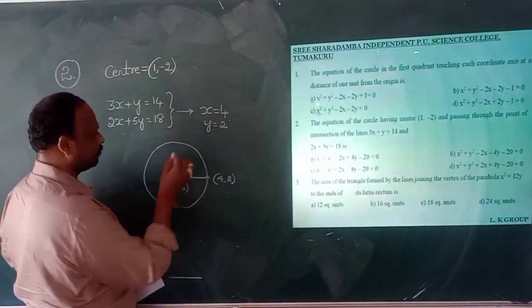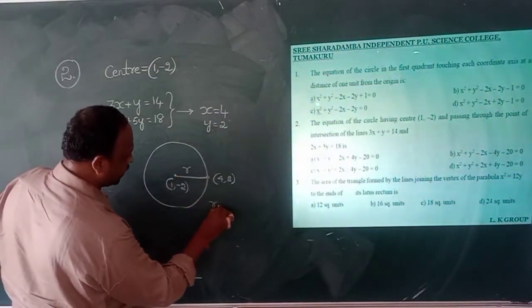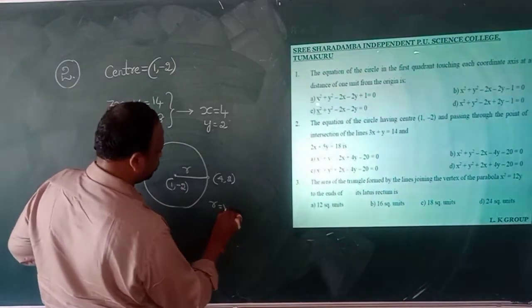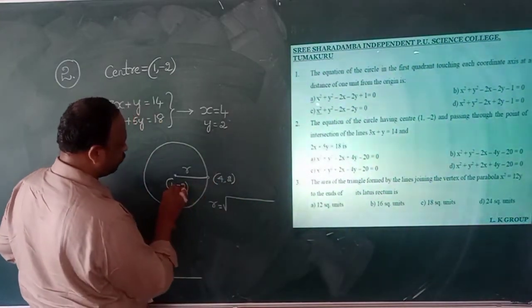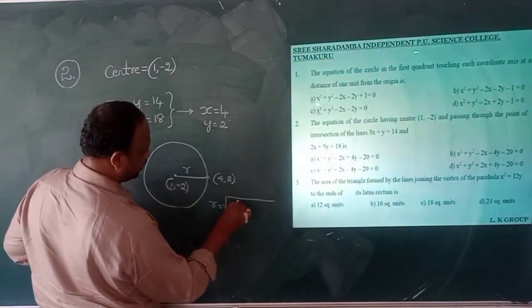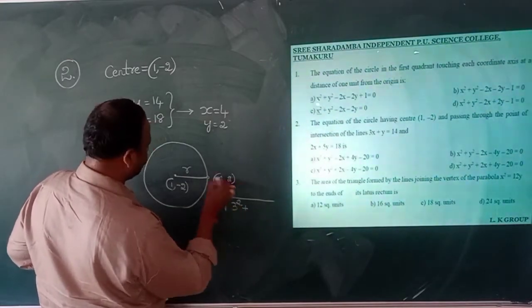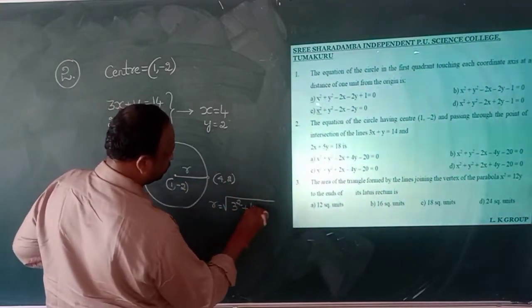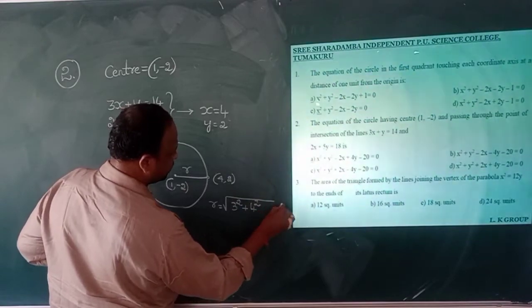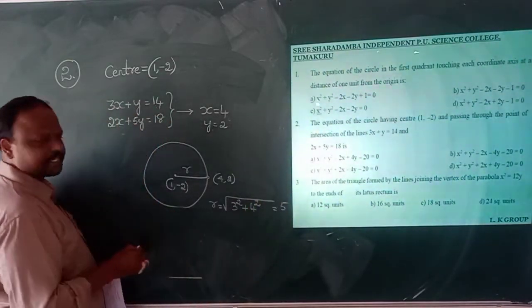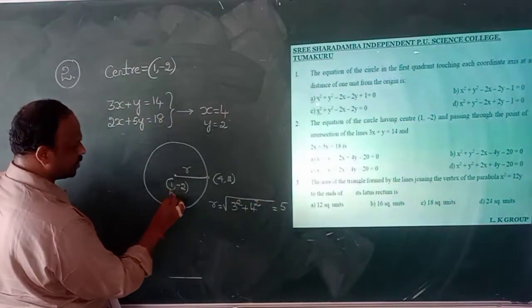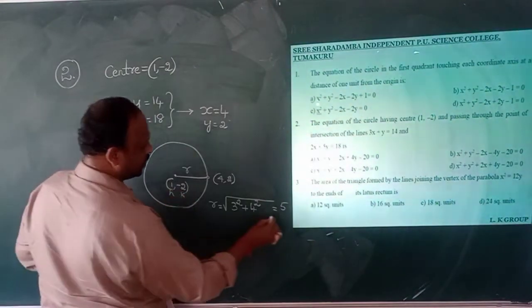Radius is given by the square root of the distance formula: 4 minus 1 is 3, 3 square, 2 minus of minus 2, that is 4, so the radius is 5. You know the radius and you know the center. This is h comma k, radius 5.